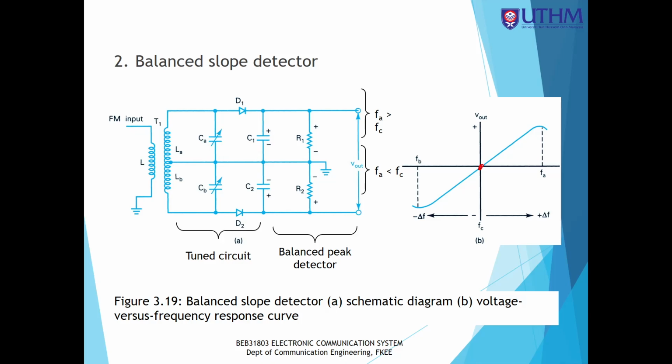Okay, and then when the input frequency changes from the center of IF until the maximum, it will produce the output voltage towards maximum at positive cycle. And when the input frequency becomes minimum, from the center of IF until minus delta F, then the output will be towards negative peak voltage.